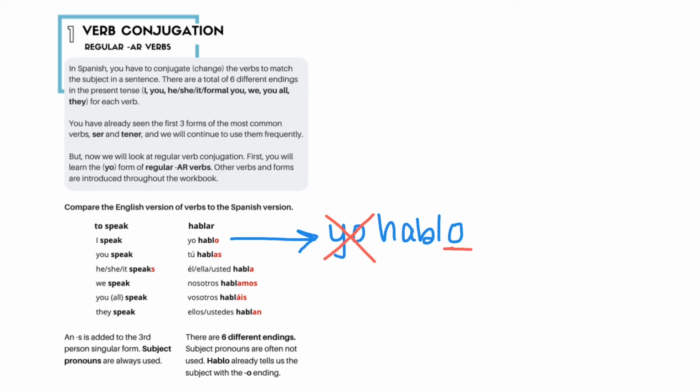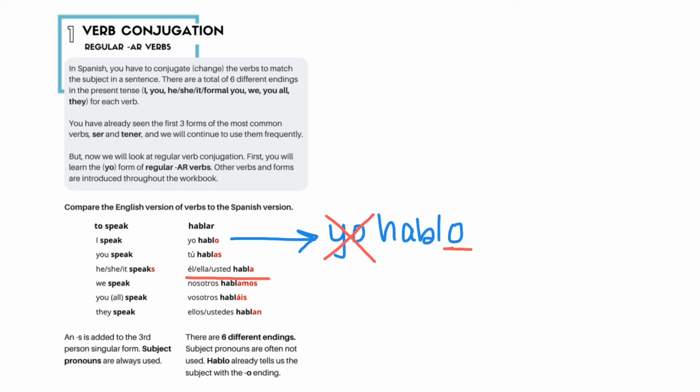You will hear it for emphasis, or sometimes if you're working with one of the forms like el or usted that has more than one option and they want to clarify who they're talking about. But once the subject is established, people will naturally drop the pronouns and just use the verbs.